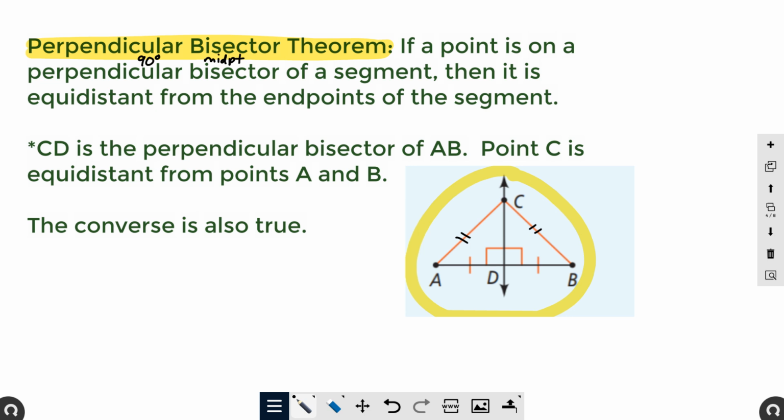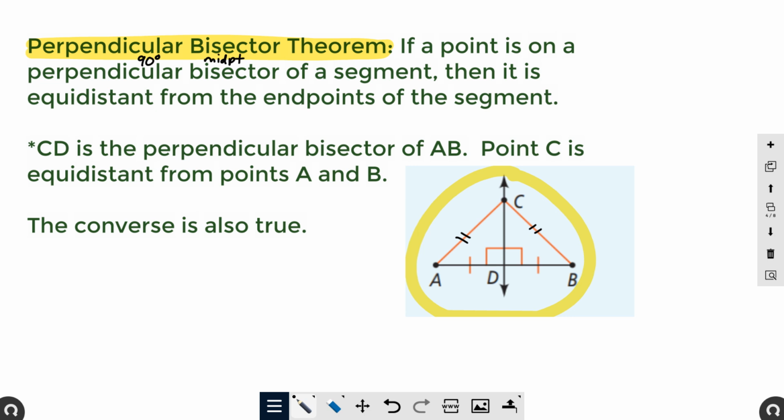So since the two sides are equal, it's an isosceles triangle. Now, the converse is also true. So if these sides end up being equal, it can form a perpendicular bisector when we draw that line in. It'll cut that side in half and make some right angles. So that's what the converse part says.